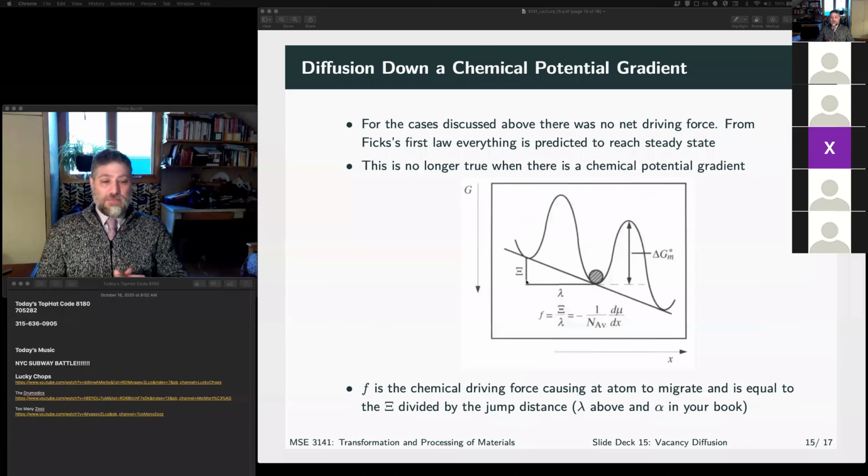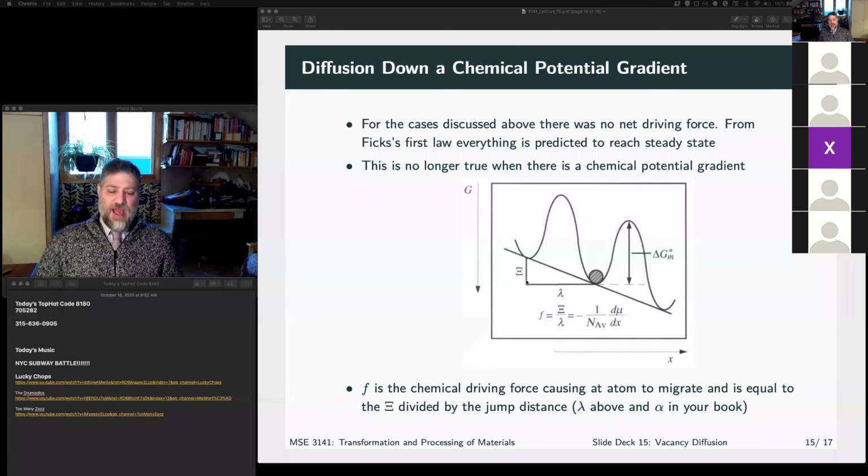Okay, so all of what we were talking about before, right? For Fick's first law, we said that there's a concentration gradient, but we didn't have a chemical potential gradient, right?